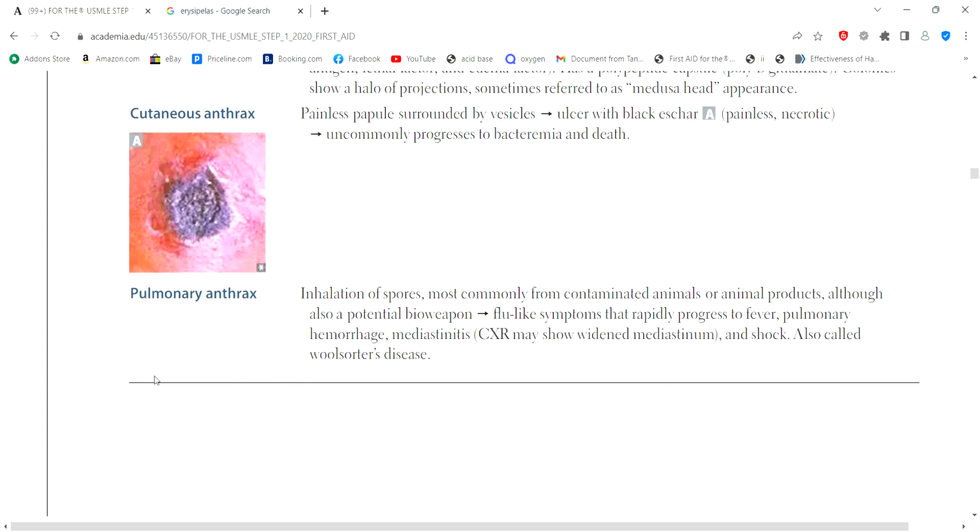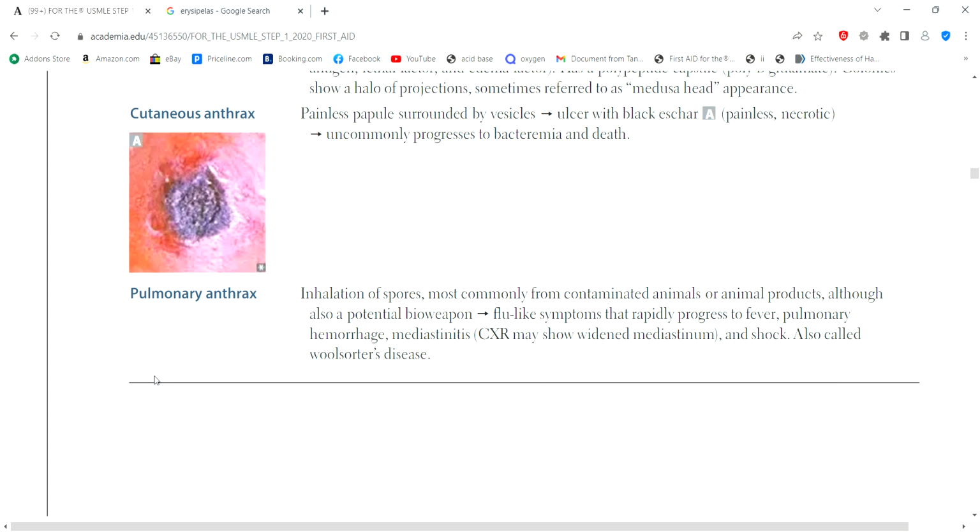This one is inhalation of spores, most commonly from contaminated animals or animal products, although also a potential bioweapon. It can cause flu-like symptoms that rapidly progress to fever, pulmonary hemorrhage, mediastinitis, which on chest X-ray shows a widened mediastinum, and shock, also called woolsorter's disease.